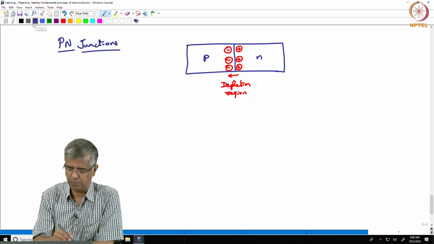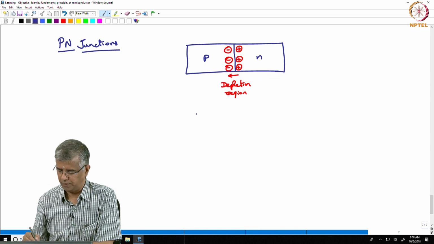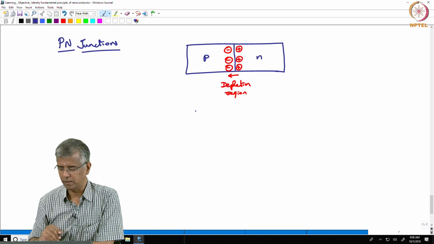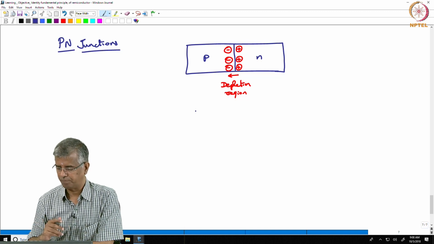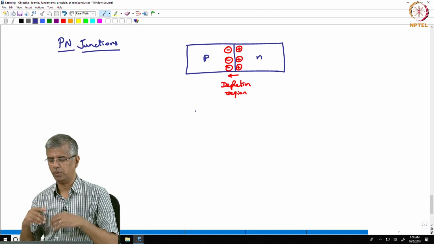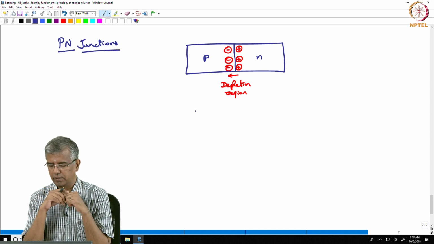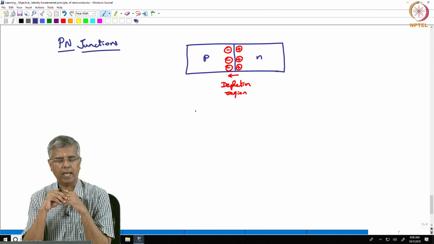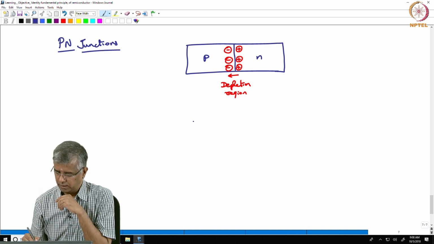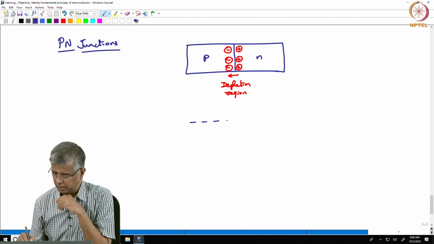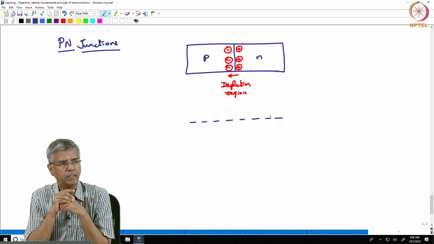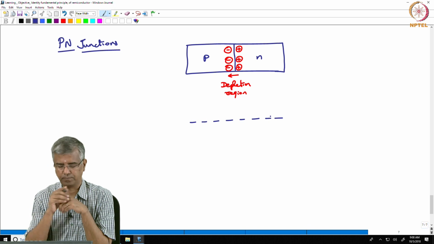So let us look at this in a little more detail, from the perspective of the energy level diagram. One of the things that happens is these charges will move across until two things happen. One is that the Fermi energy on either side is going to become equal. Okay.